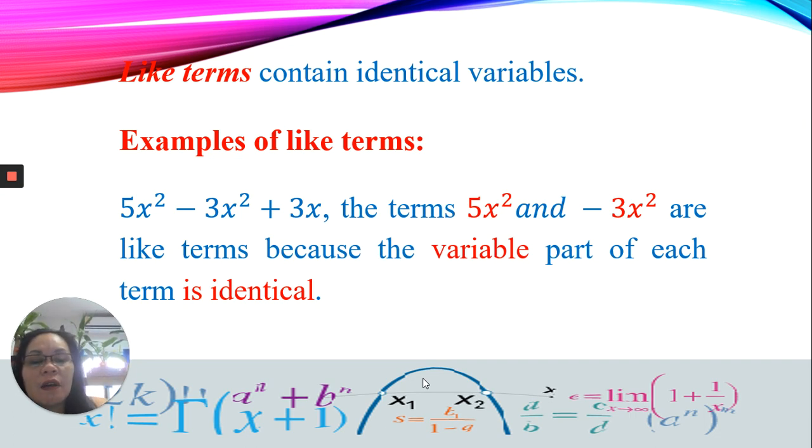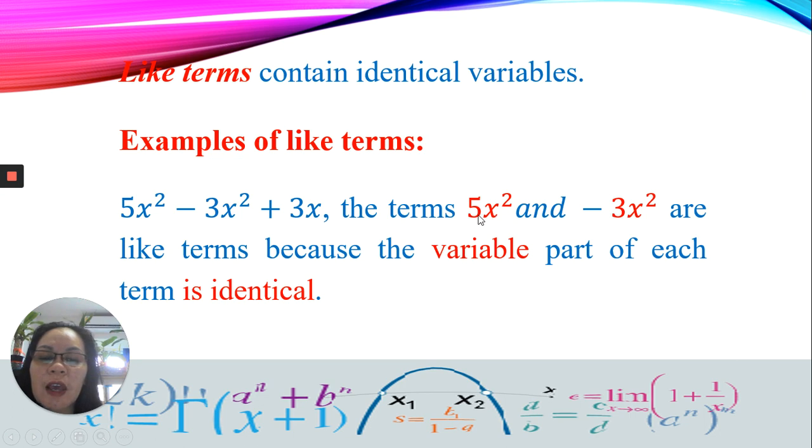The terms 5x squared and negative 3x squared are like terms. Why? Because the variable part, which is your x squared, you have here x squared as well, are identical. When you say identical, they must have the same exponents.